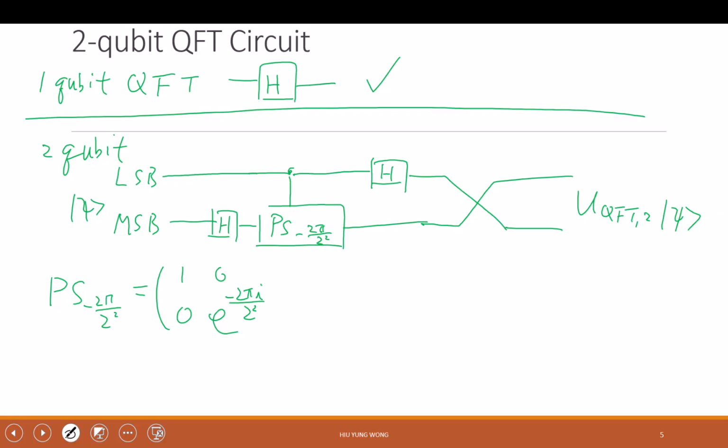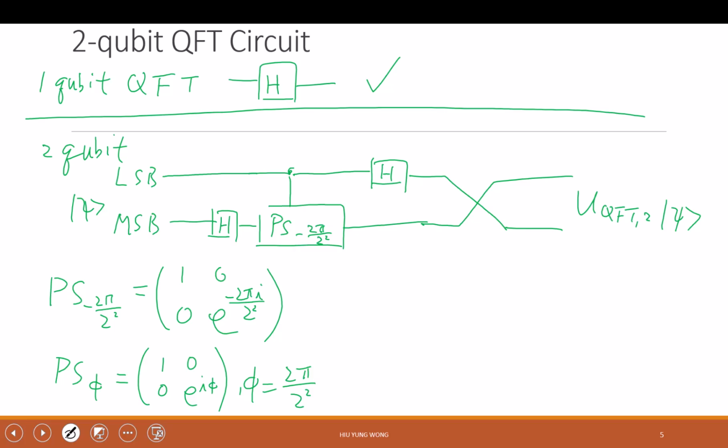If you forgot, go back and check what we learned for the phase shift gate. The phase shift gate of phi equals 1, 0, 0, e to the power i phi. That is the phase shift gate we define in this class. And now phi equals 2 pi divided by 2 to the power 2.